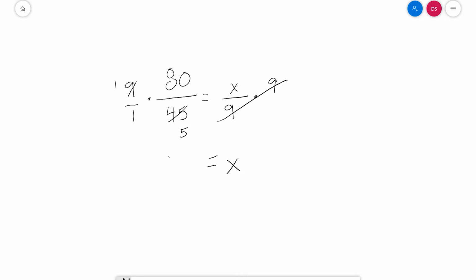So I'm doing 80 divided by 5 anyway. Okay, and long division would show you that 80 divided by 5 is 16. So the elevator can cover 16 floors in 9 seconds.